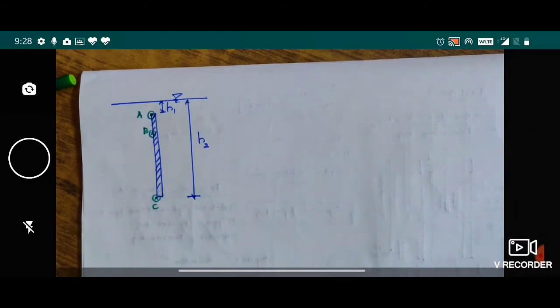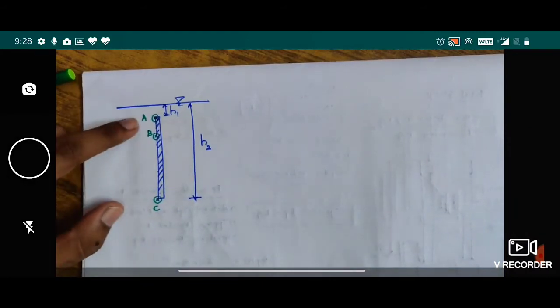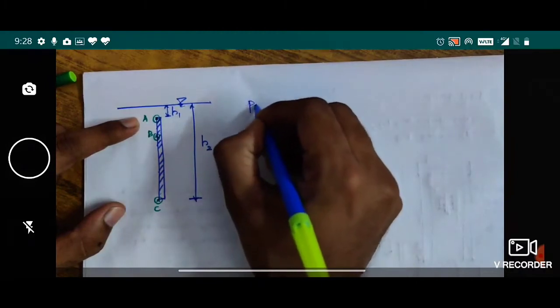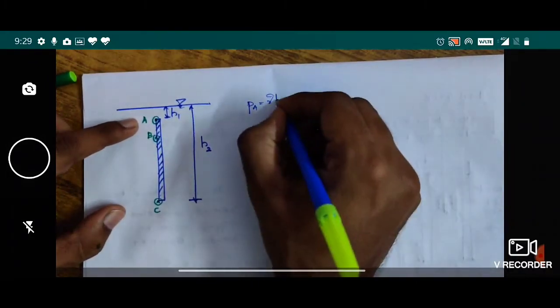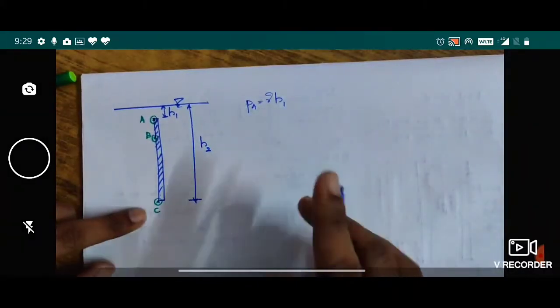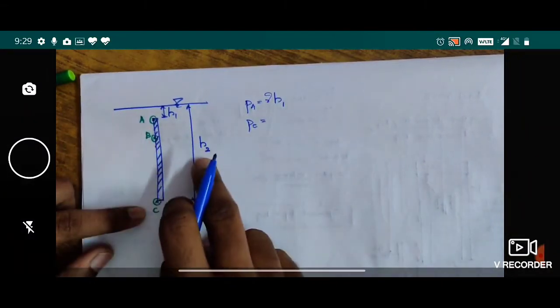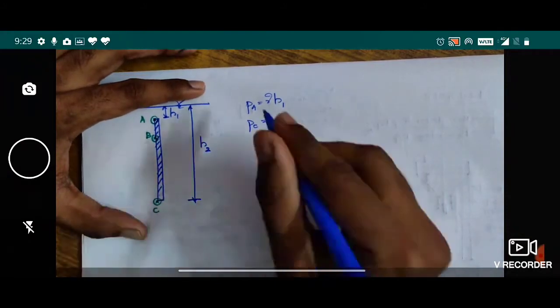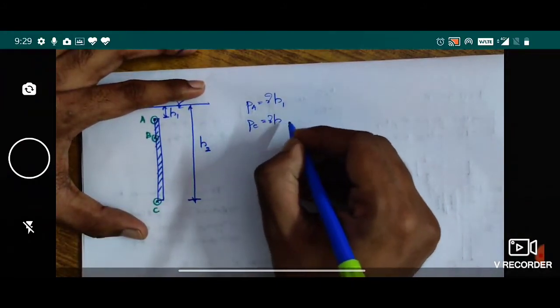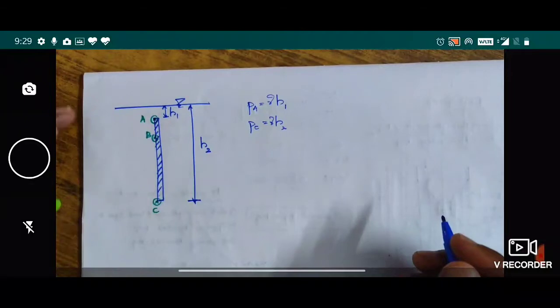Here also we know the pressure acting at different points. At point A, the pressure acting will be gamma times h1. At point C, the depth of water is h2, so the pressure acting will be gamma h2. Which will be greater?